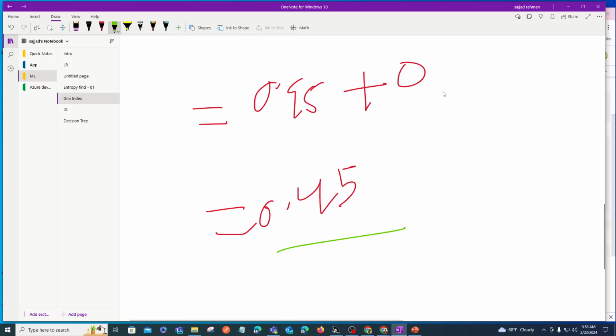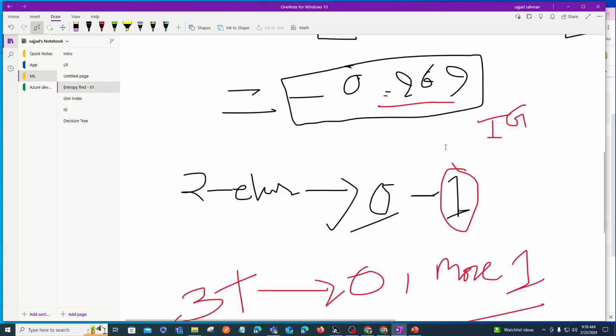Now back to information gain. If we remember earlier, we found 0.96 something in our randomness. So how do we reduce it?